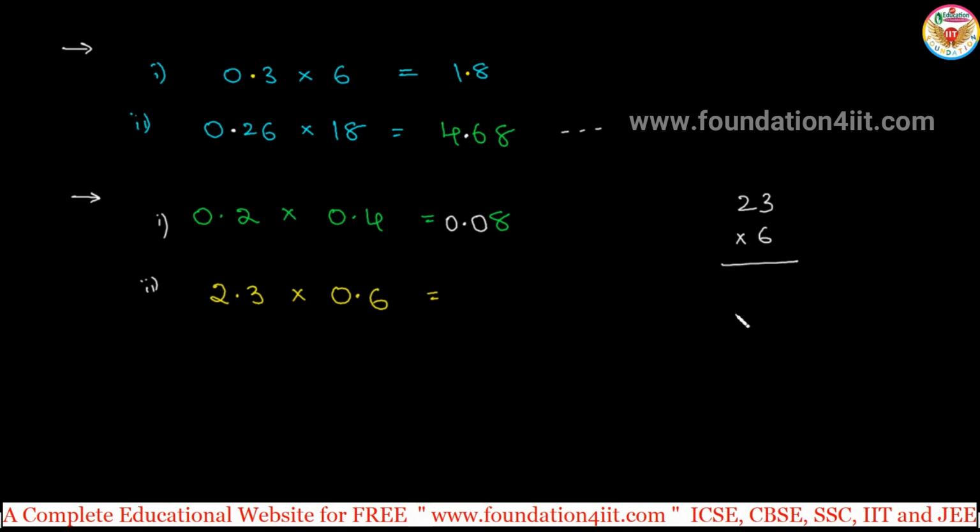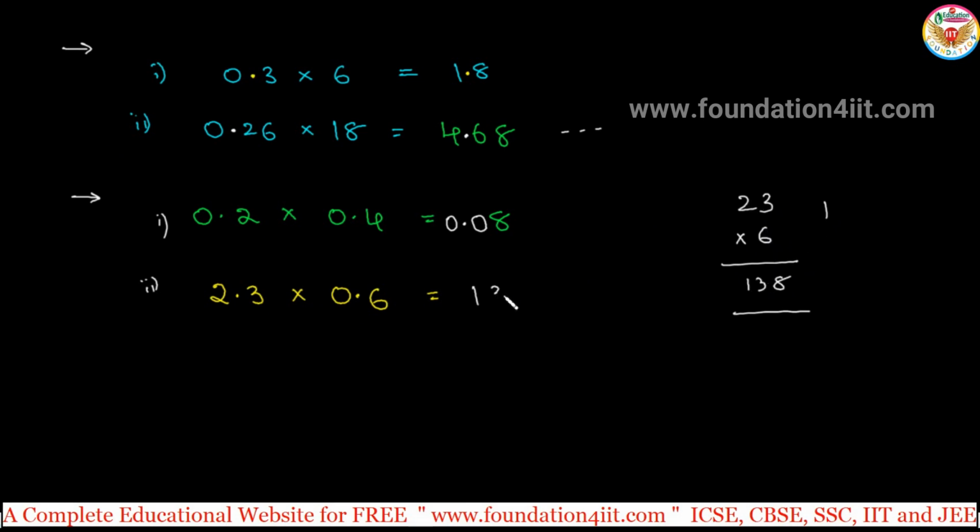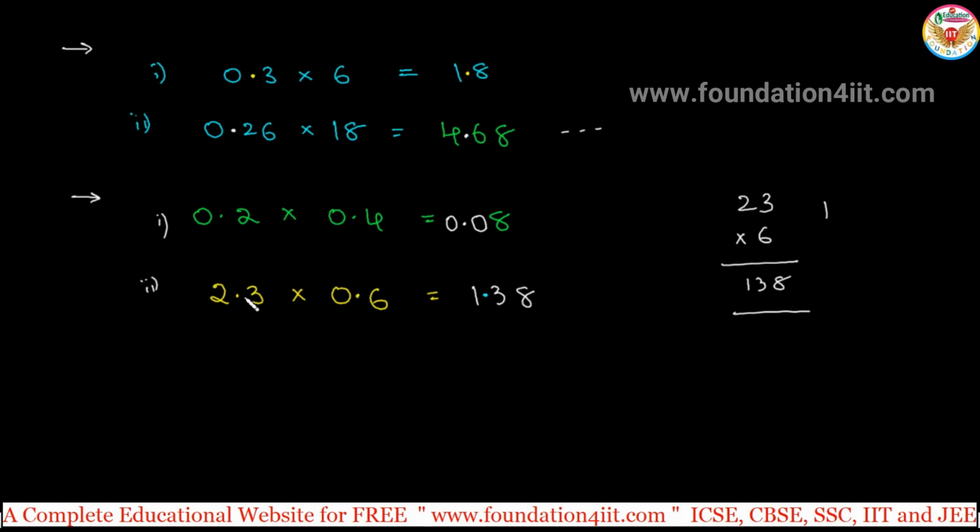Just multiply in the ordinary, normal method. 6 into 3 is 18 and carry 1; 6 twos are 12 plus 1 is 13. So the answer is 138. But now after the point there is one decimal here and 1, total 2. From the right side, leave 2 decimal places and put the point. So 2.3 into 0.6 is equal to 1.38.